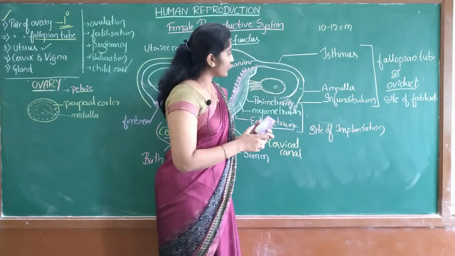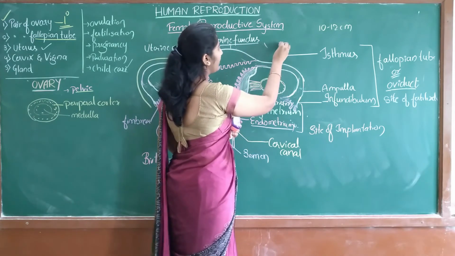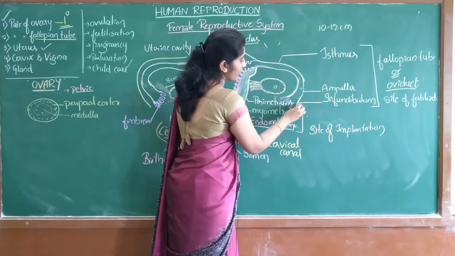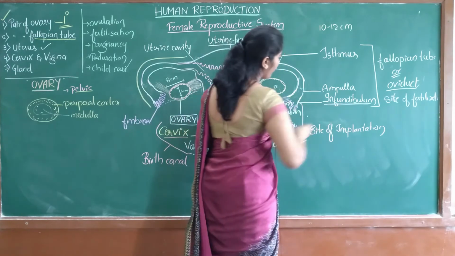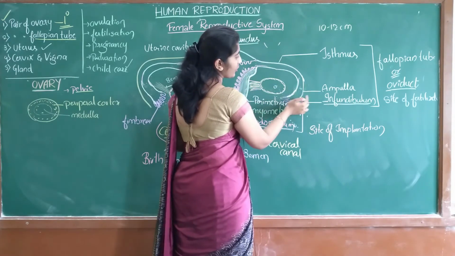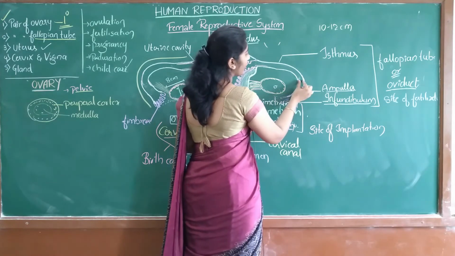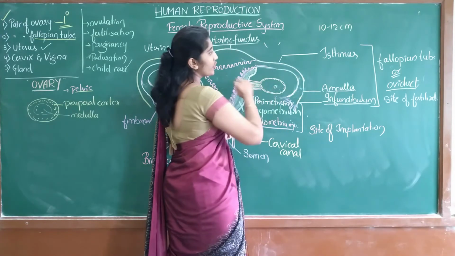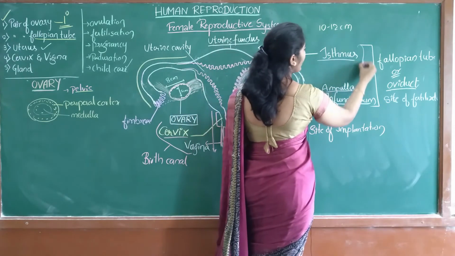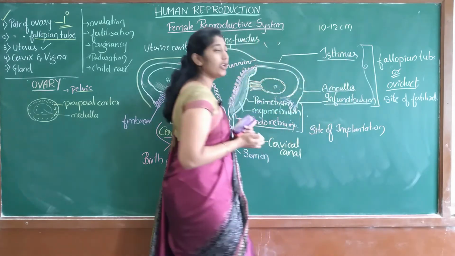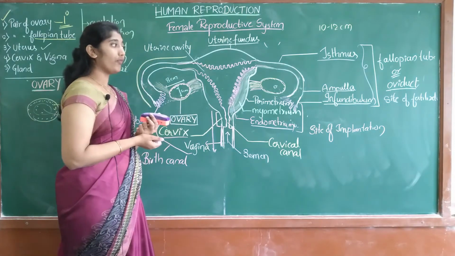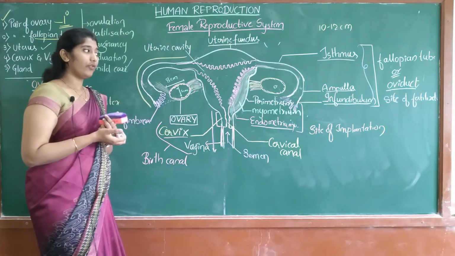The funnel-like structure is called the infundibulum, the next broad structure is called the ampulla, which further narrows into a tube, that is the isthmus. All together we call it the fallopian tube. It is also called the oviduct, which is the site of fertilization.